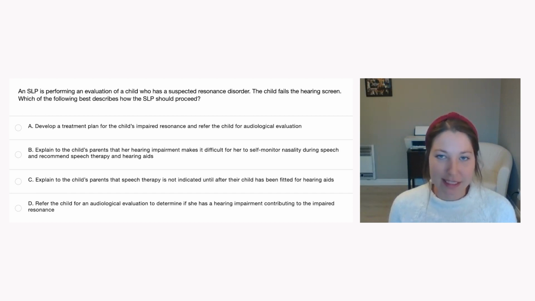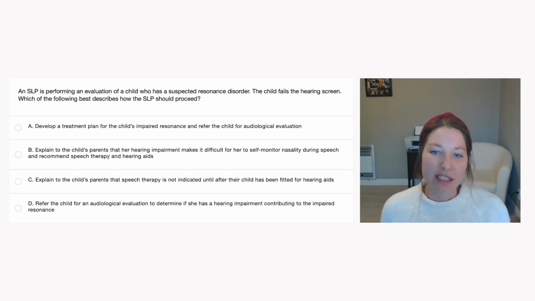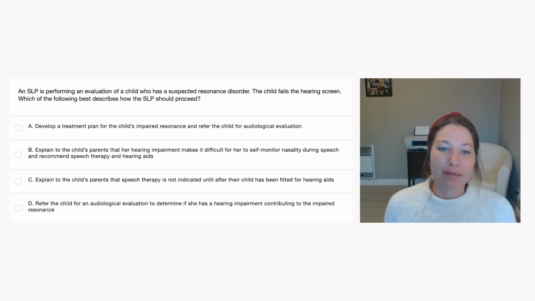Suspected resonance disorder, we don't know that she has a resonance disorder. It's just suspected. She fails the hearing screen. Then the question asks us to make a decision. Although this item sets the scene by describing an evaluation of a suspected resonance disorder, it's ultimately requiring us to correctly apply a specific piece of knowledge about hearing screens.